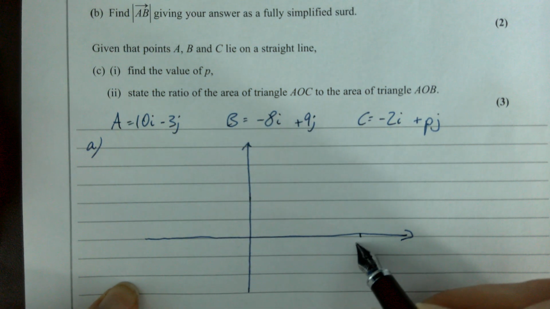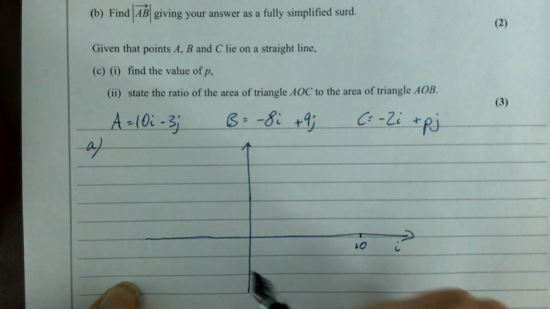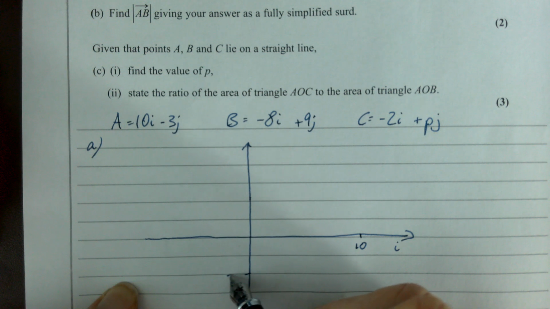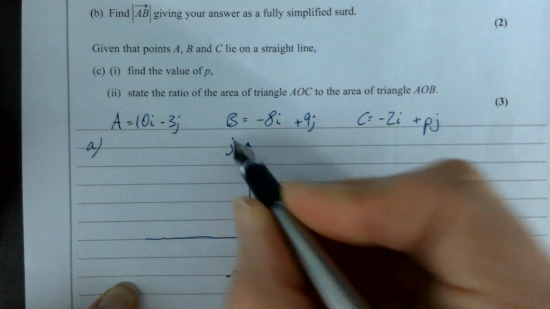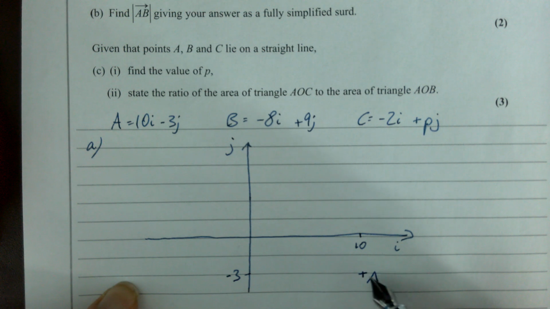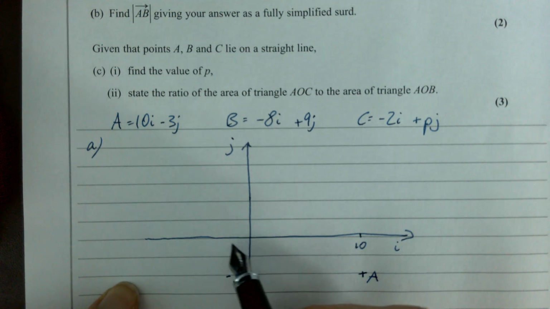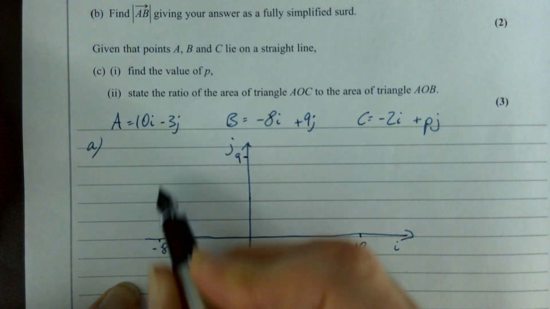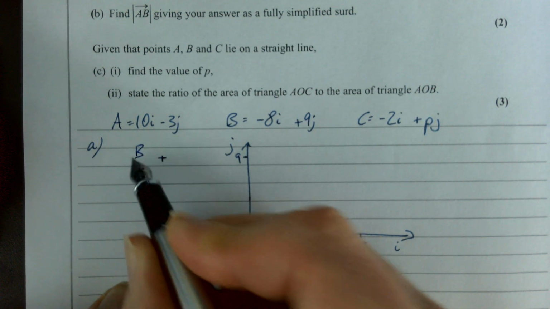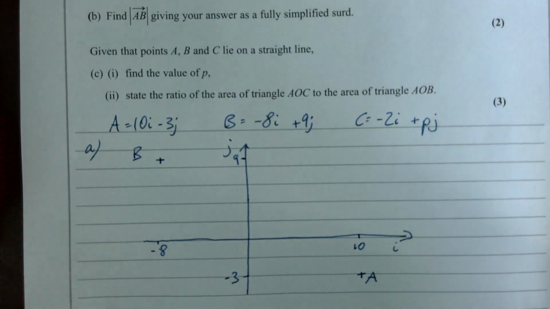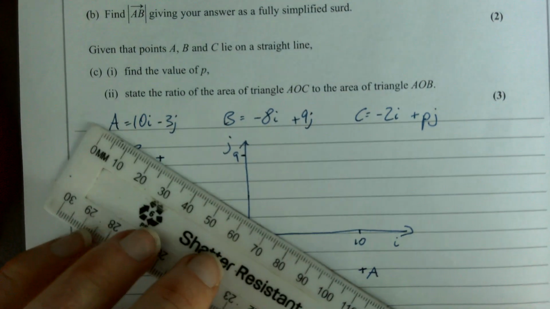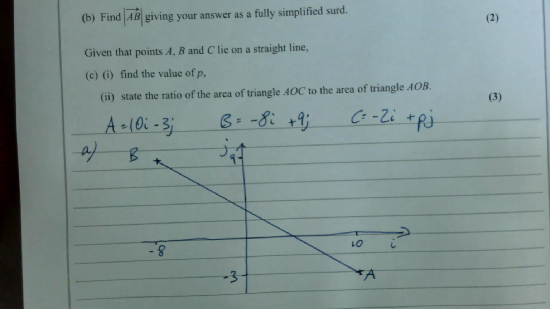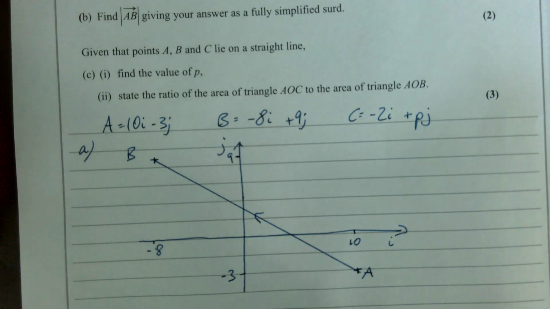So if I call that 10 on the i, and I call this minus 3 on the j, I've got my A being there, and then B, negative 8 will be about there, and positive 9 maybe about up there. It's not exact, but it doesn't matter. So then we've got the B there, and then I want a straight line. I might even use a ruler just to make that a little bit easier, going from there to there for my AB.